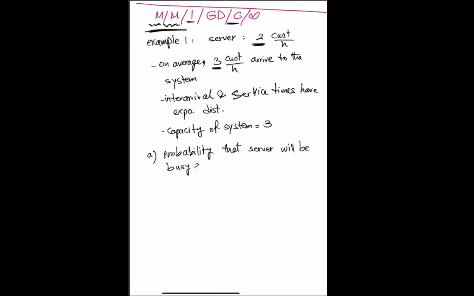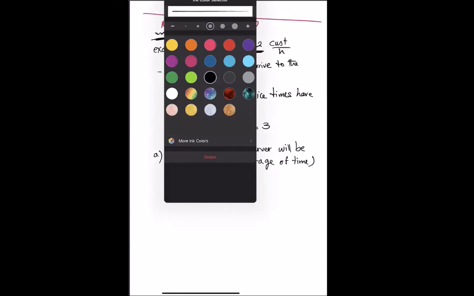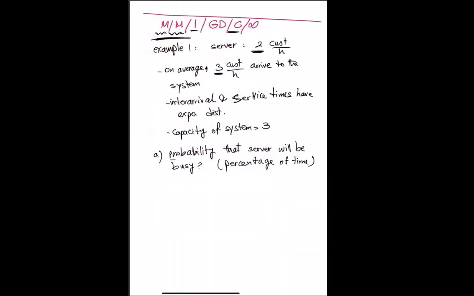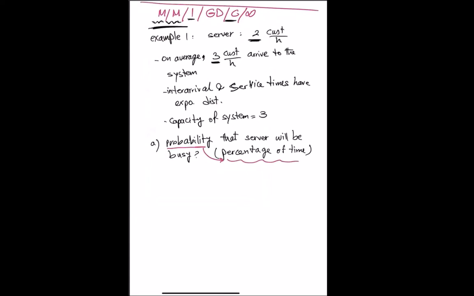I may ask, what is the probability that the server is busy, or what percentage of time the server is busy? What do I need to calculate here? 1 minus pi 0.